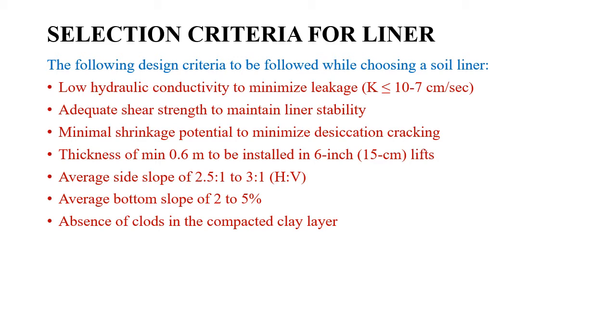Then when you are making a compacted clay liner, you have to make sure that there are no clots developed within the liner layer or barrier layer. So you have to effectively pulverize or break down all those clots and make uniform soil layers. These are the few requirements which the liner material has to meet for being an effective barrier system.